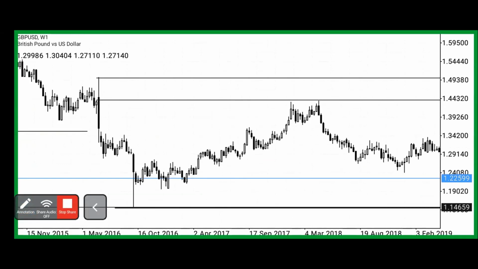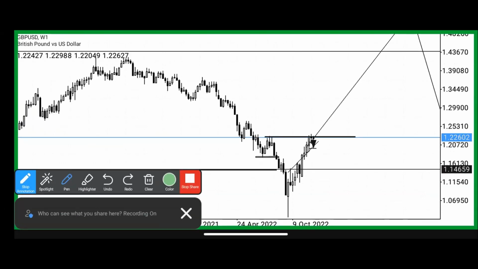But in this case, it's just one candle, and I don't want to classify one candle below a zone as a breaking structure. Maybe if another red candle had closed below this one, I would have said there's every possibility for price to continue selling from here.